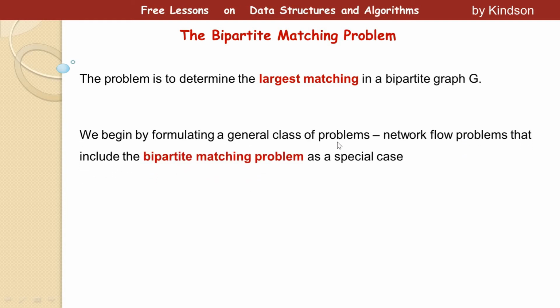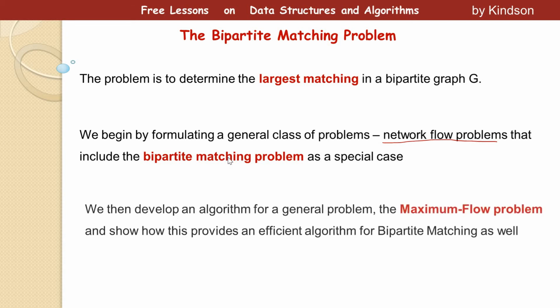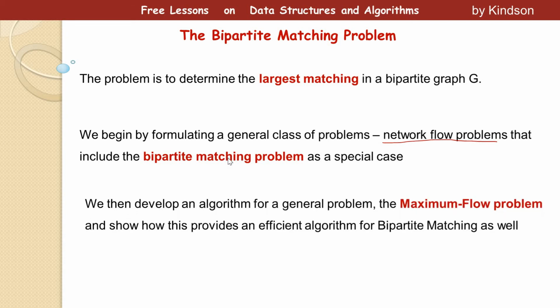We have to formulate a general class of problem, and that brings us to flow network problem, which includes bipartite matching problem as a special case. So to solve bipartite matching problem, we need flow network problem, and that means we need to understand flow network. We need to develop an algorithm for a general problem, the maximum flow problem. Don't worry about this.